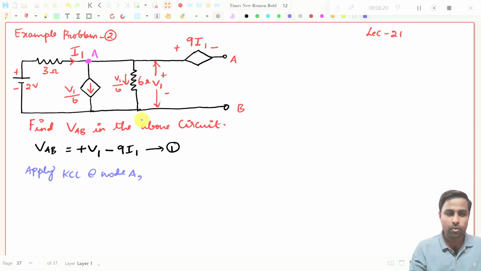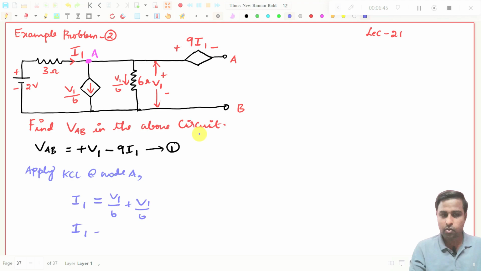So what we can do, we can put an equal to symbol, and I1 is coming in, V1 by 6 and another V1 by 6 is going away. So this is V1 by 6 plus V1 by 6. This is one expression. Here we can take the LCM.